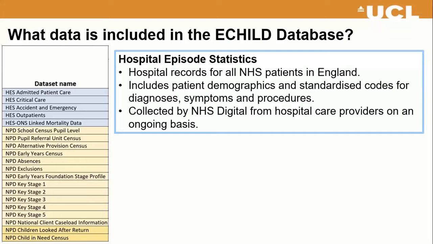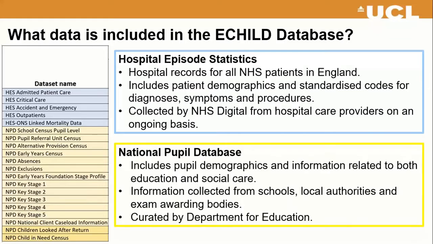It is collected by NHS Digital regularly from hospital care providers on an ongoing basis. On the other hand, the National Pupil Database includes pupil demographics and information related to both education and social care, collected from schools, local authorities, and exam awarding bodies, and it is created by the Department for Education.